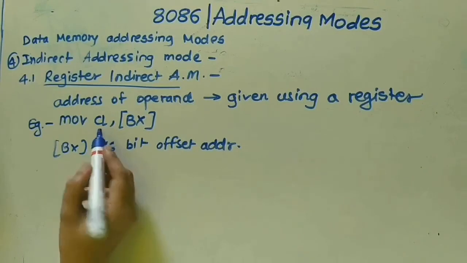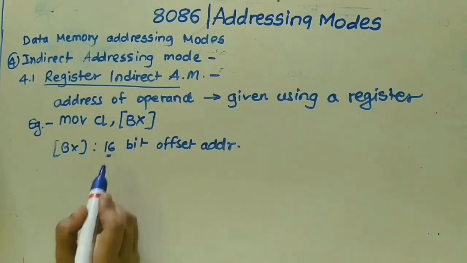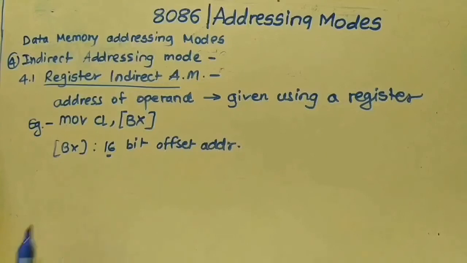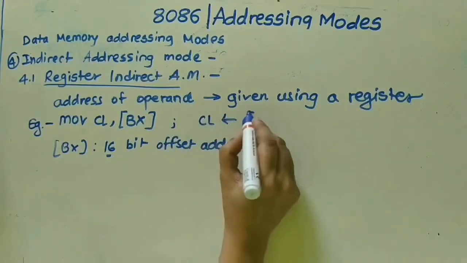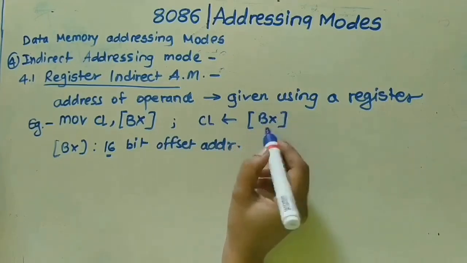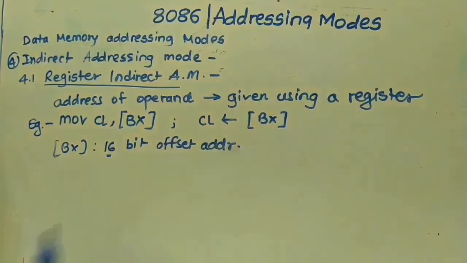That's why the 8-bit data from this 16-bit offset address is stored into CL. After execution of this, CL will be loaded with the data from the location specified by this BX register.